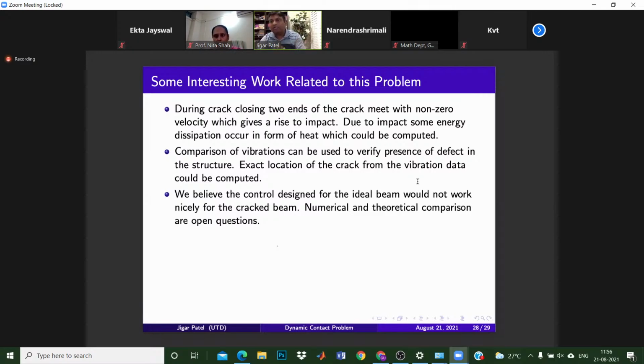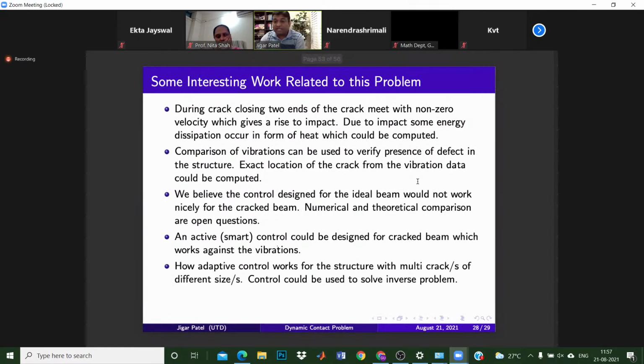If you design some control mechanism to stop the vibration for an ideal beam, and there is a crack in the structure, that same control is not going to work. So is it possible to design some sort of smart control using piezoelectric or any other type of fancy material that may help reduce the vibration and save the entire structure?